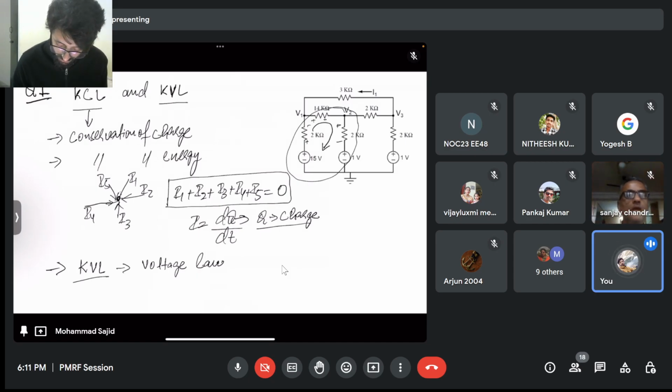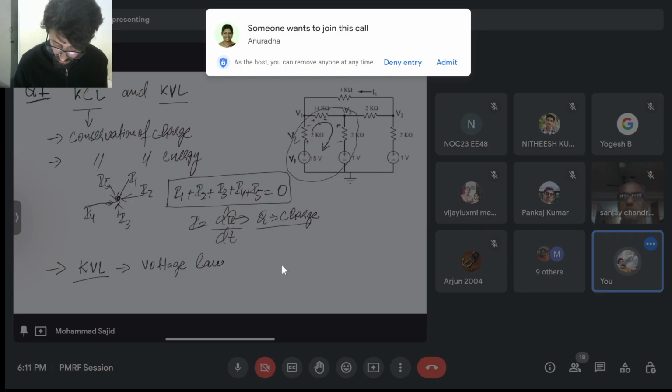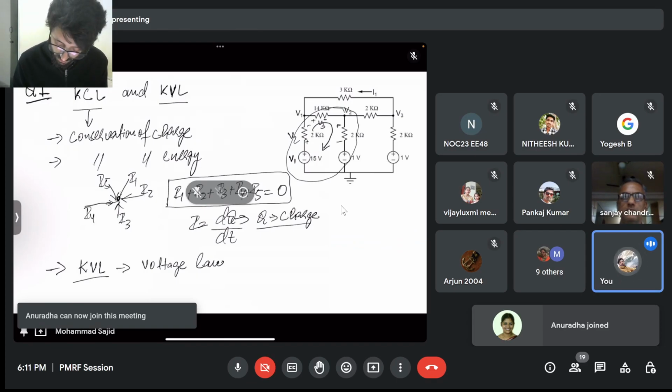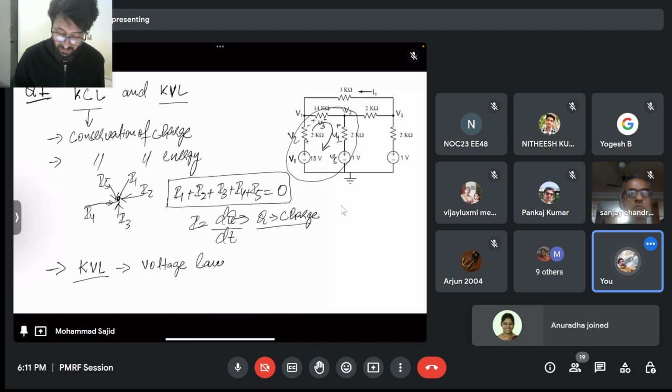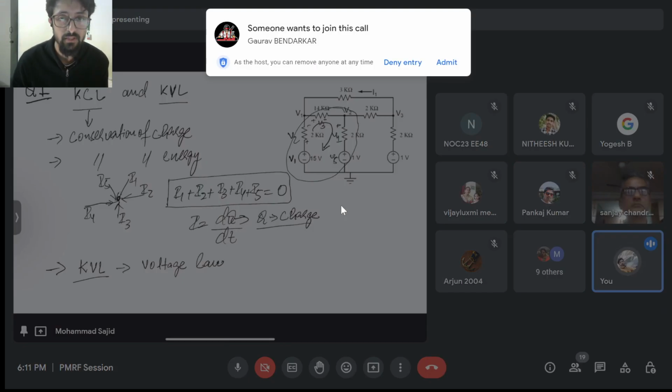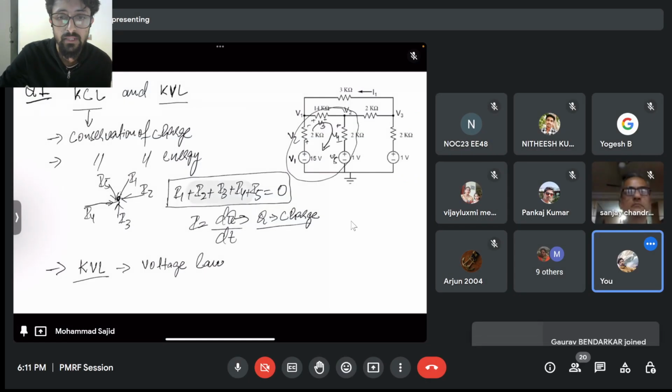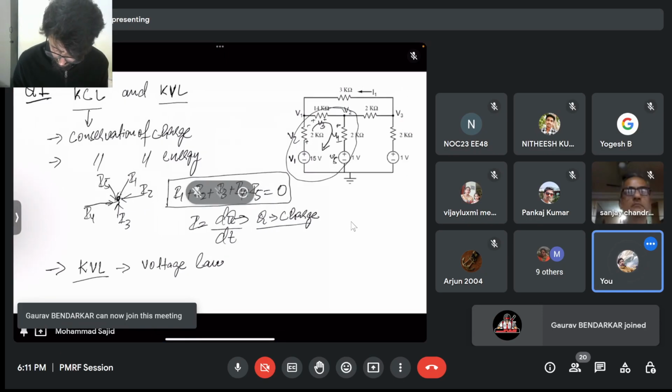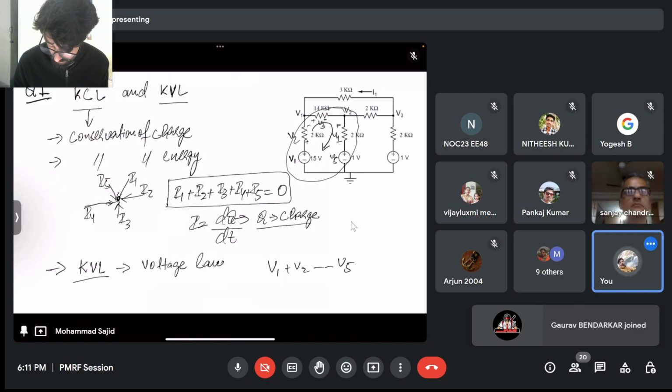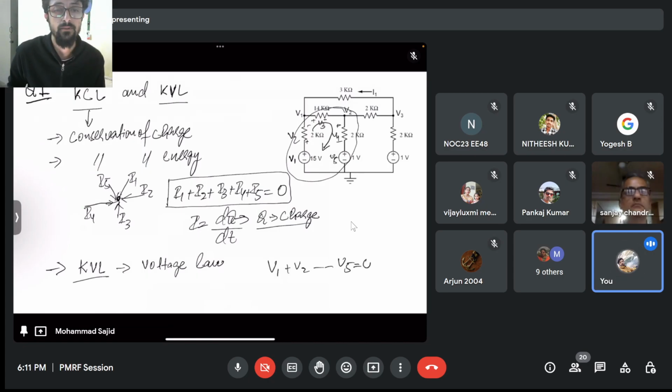So what Kirchhoff's voltage law states is that if I say this is V1, this is V2, this is V3, this is V4, and this is V5, the sum of potentials is equivalent to 0, right? V1 plus V2 and so on to V5 will be equivalent to 0. So this is Kirchhoff's current law and Kirchhoff's voltage law.